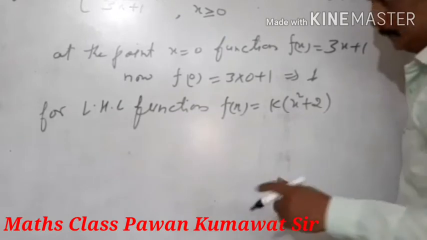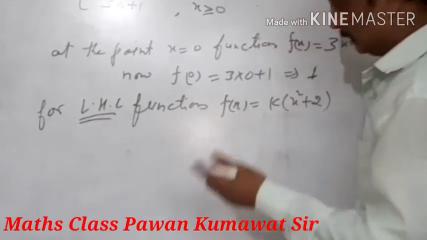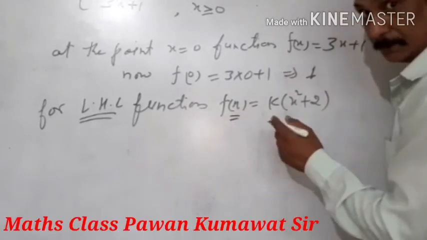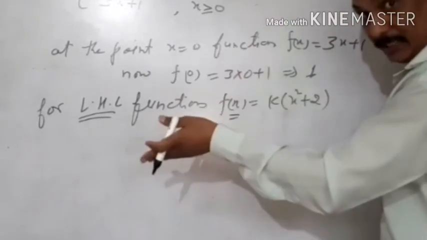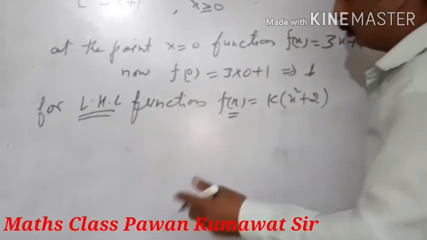For LHL we put x as 0 minus h and take the limit h tends to 0.